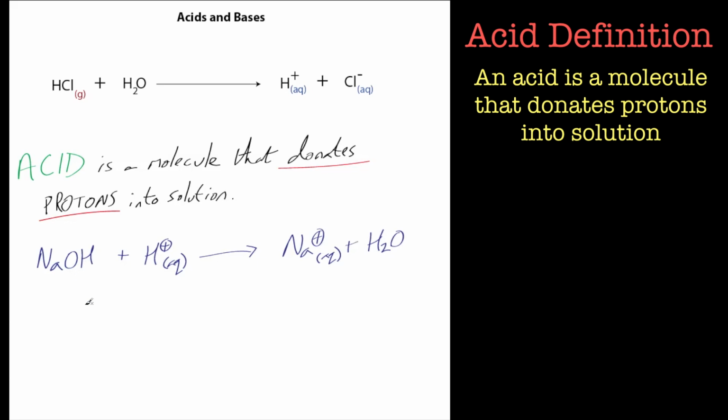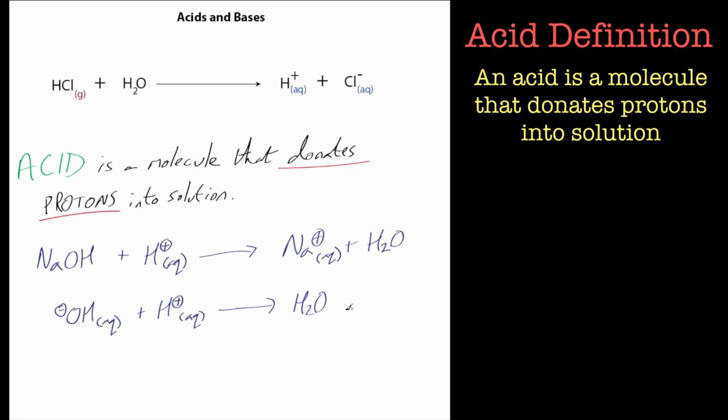And you get water, so basically if you look at the ionic equation for this, you've got OH minus once it goes into solution, plus H plus. Now they're going to find each other pretty quickly, and that will give you water.